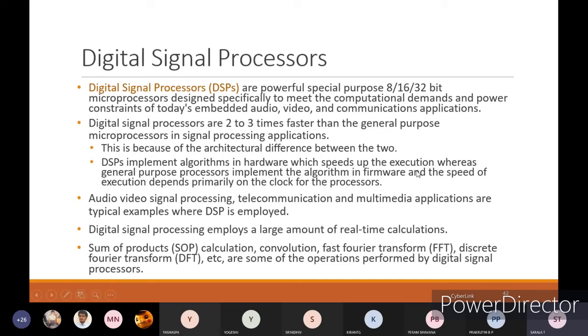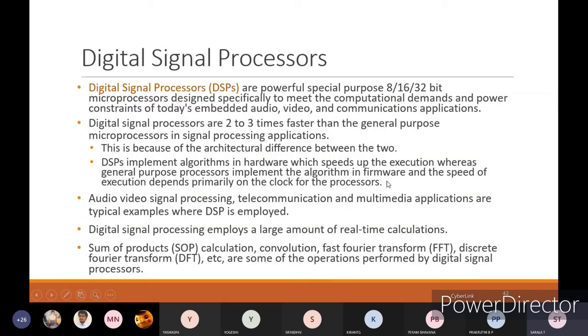This is because of the architectural difference between the two: a DSP implements the algorithm in hardware, which speeds up the execution, whereas a general purpose processor implements the algorithm in firmware, and the speed of execution depends primarily on the clock of the processor.